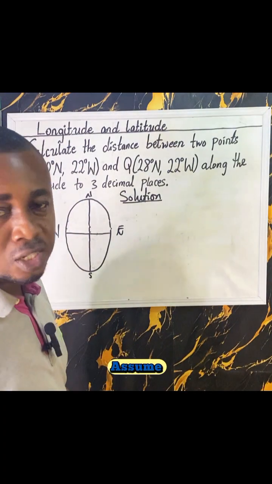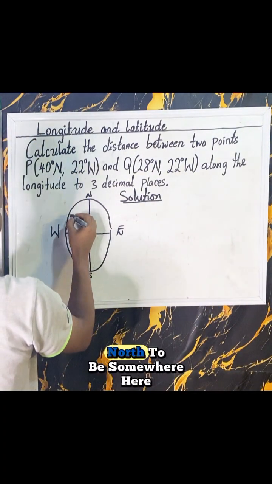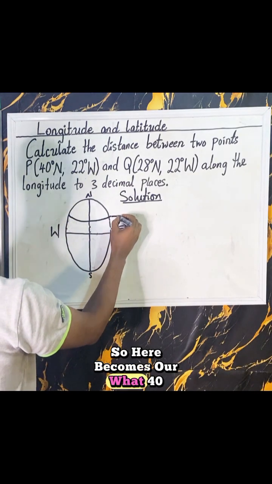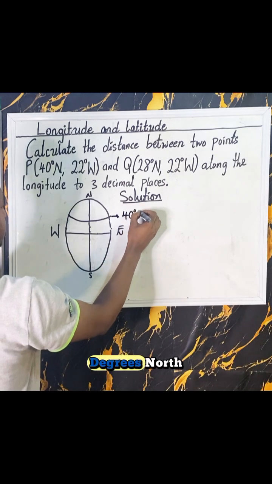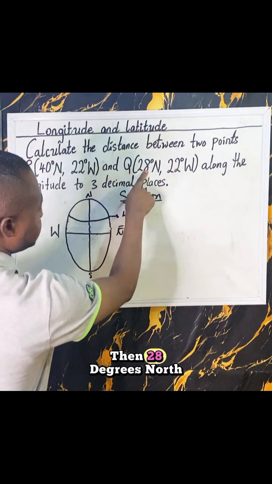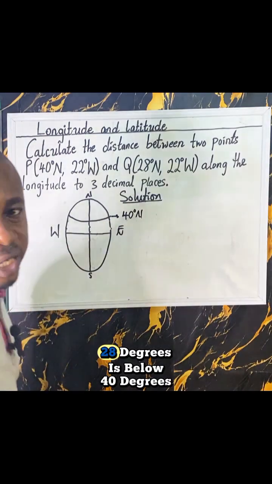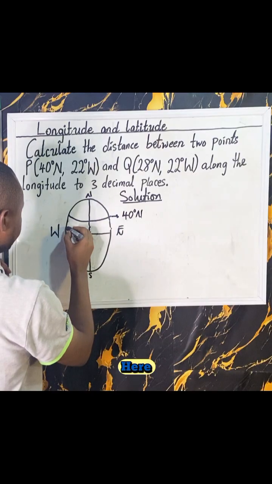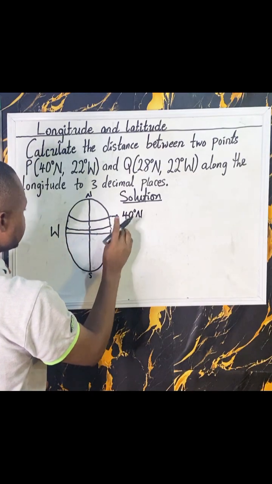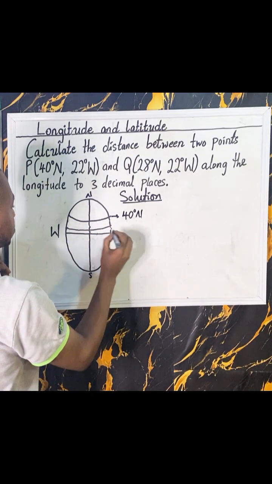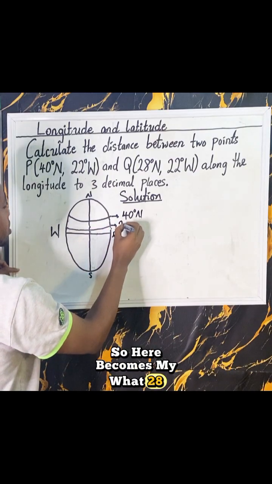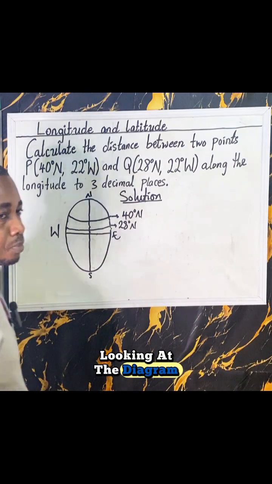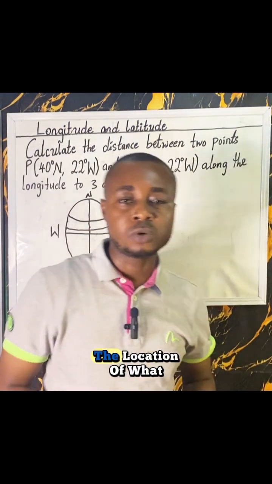So we can take our 40 degrees north to be somewhere here. So here becomes our 40 degrees north. Then 28 degrees north. 28 degrees is below 40 degrees. So we can take it somewhere here. So here becomes my 28 degrees north.